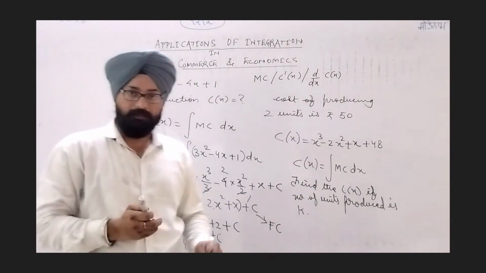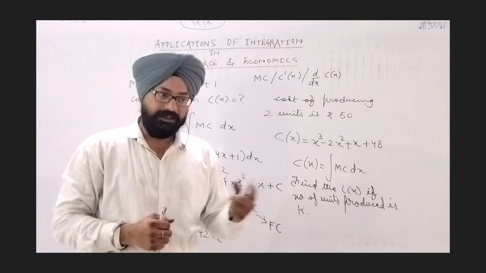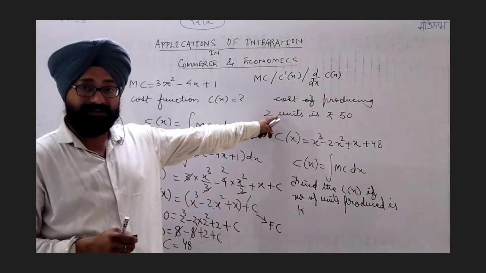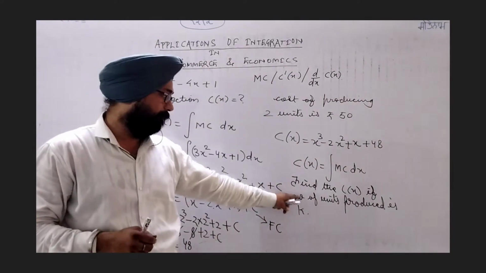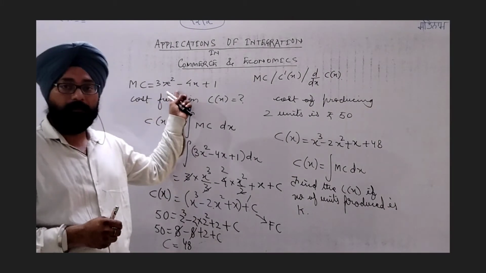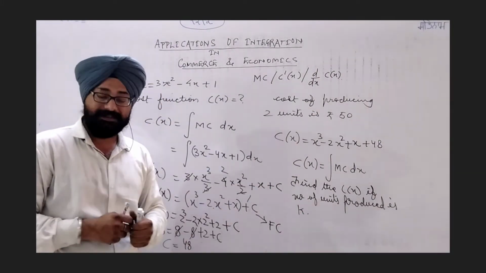What is this situation about? Marginal cost is provided, and the number of units produced is k. How can we use the given information to find the cost function in this condition?